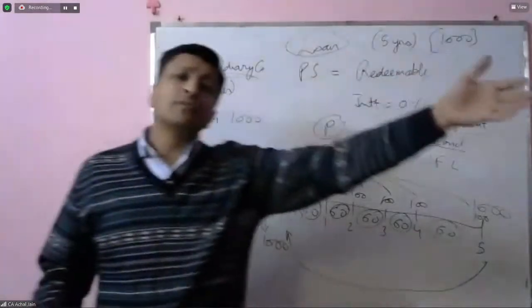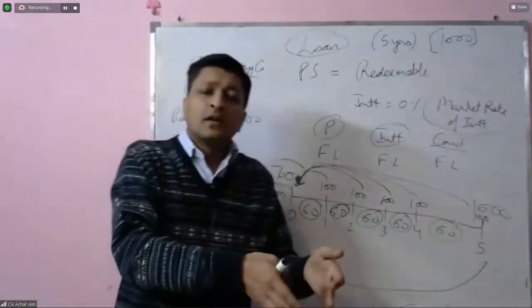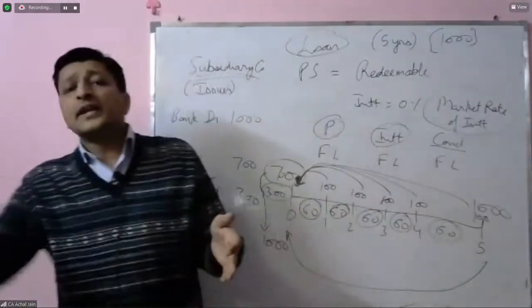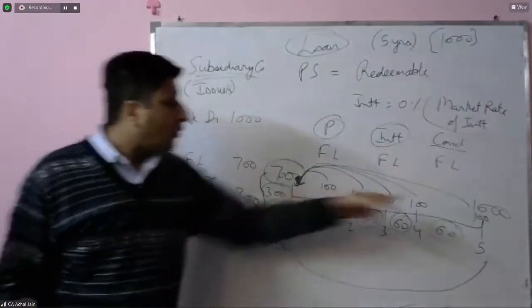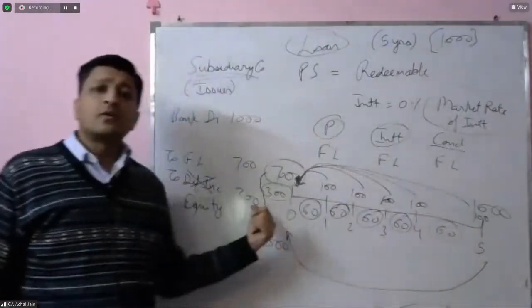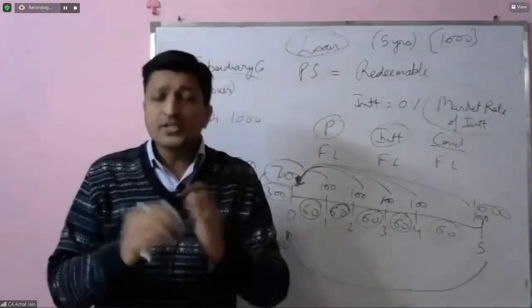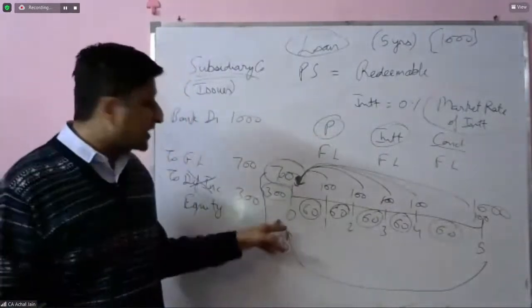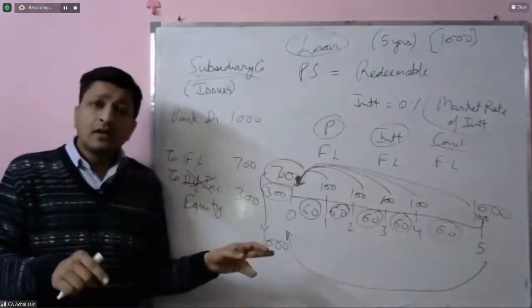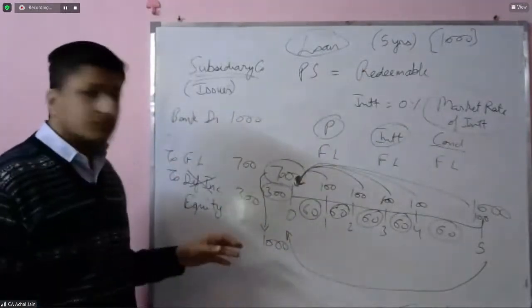So if you take a loan from the bank at market rate of interest, if you discount it today along with all the interest flows, so all the interest flows will be discounted and all the principal repayments will be discounted, its present value will always match. Why? Because the transaction is at market rate. Only when the transaction is not at the market rate, present value will be different, and that difference actually goes to equity or deferred income. Correct?